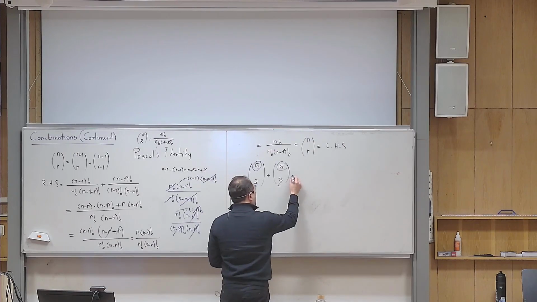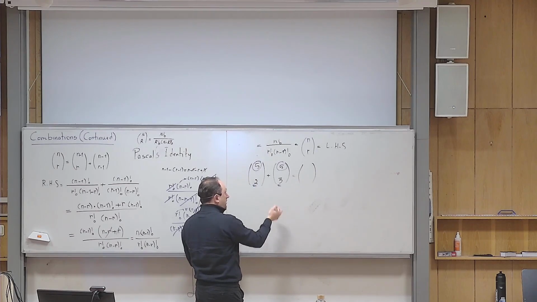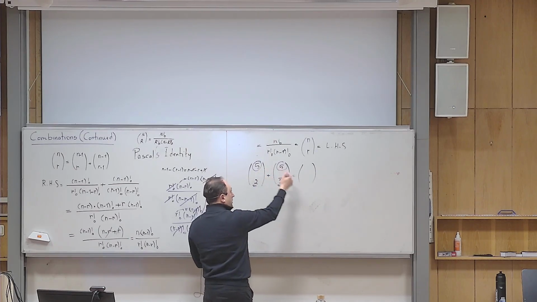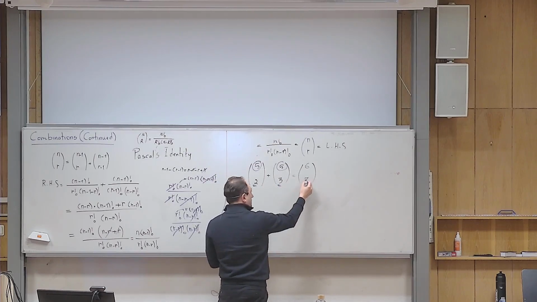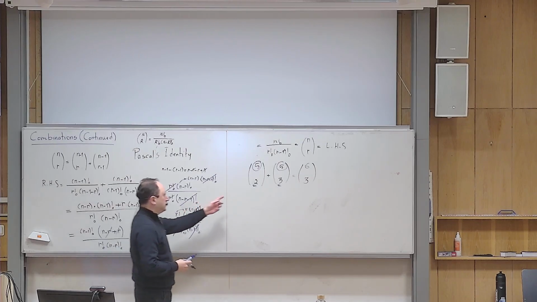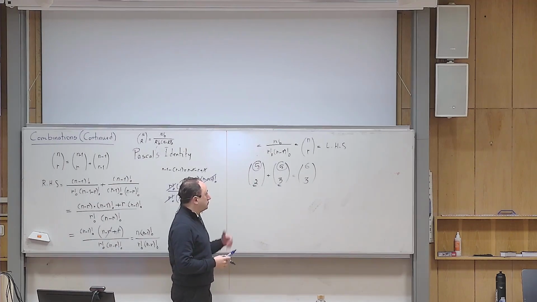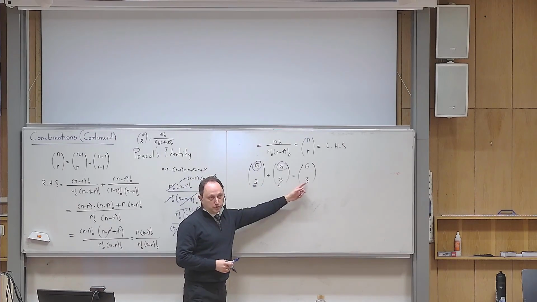So according to Pascal's identity, I can combine them into one of these symbols by adding 1 unit to the top one, which is 6, and between these two, I choose the bigger one, which is 3. So I haven't calculated what the number is, but I was able to convince myself that whatever this sum is, it is equal to this single unit.